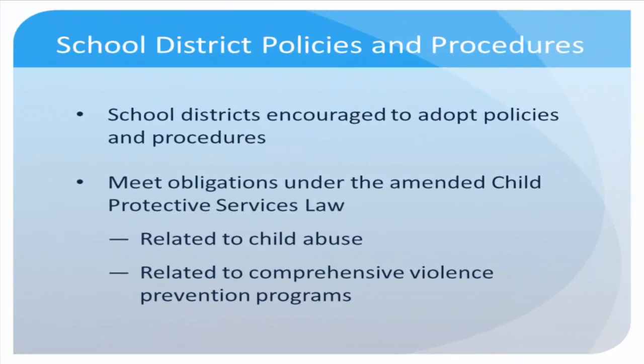School districts are encouraged to take prompt action adopting policies and procedures which will meet their new obligations under the amended Act 126 Child Protective Services Law. At a minimum, schools should inform employees and contractors who provide services to the school of the major provisions of the law and their responsibilities for reporting suspected abuse.